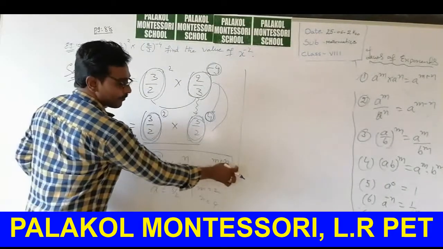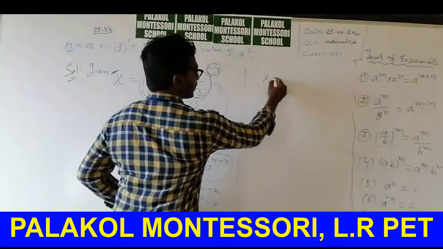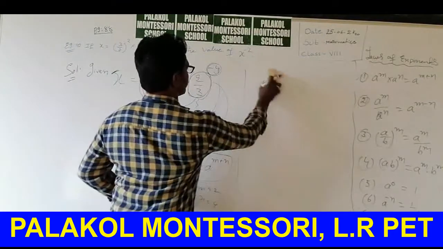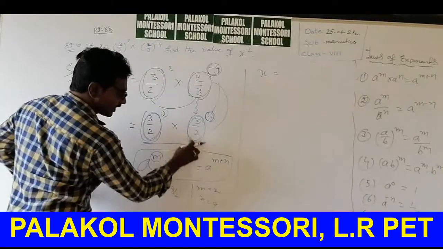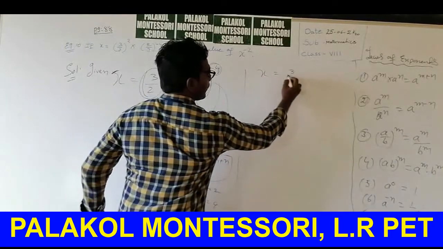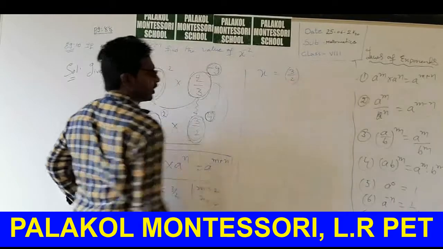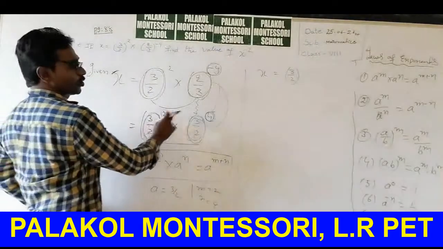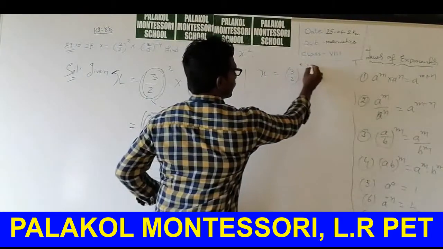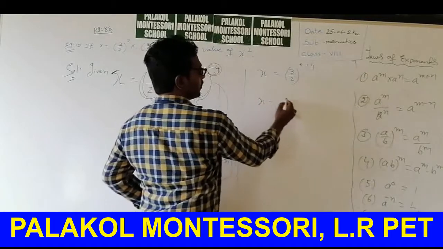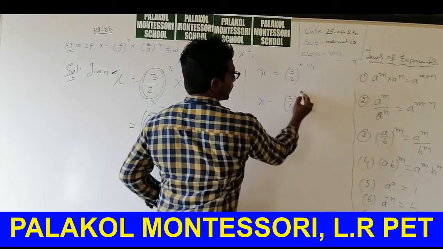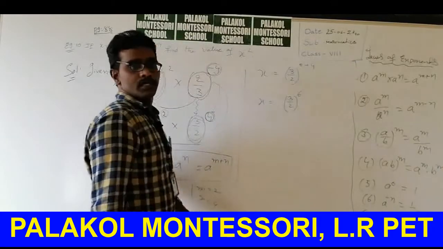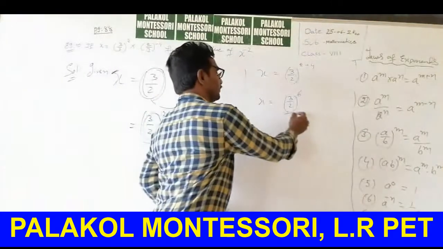A to the power of m plus n. So, x is equal to (3 by 2) whole power of 2 plus 4, 6. So you get the x value.